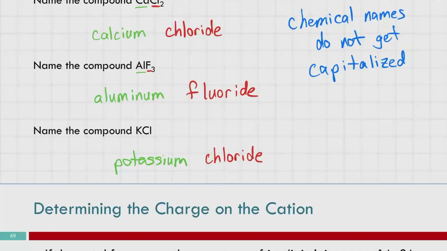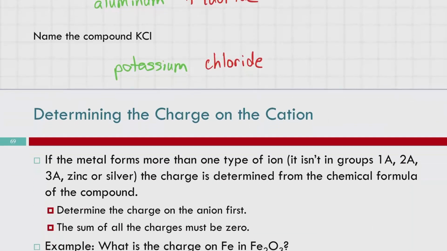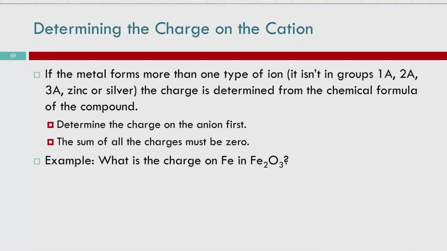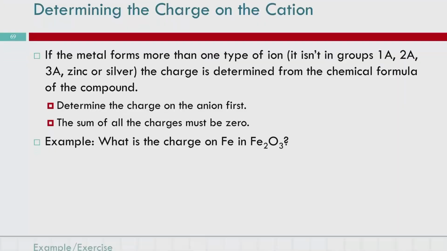So for our group 1, 2, and 13 or 3A metals, that's the case. If we've got multiple charge options, we have to figure out what the charge is so that we can include it in our formula. So all of these transition metal elements other than zinc and silver, and some of the ones that are below, tin, lead, some of those ones can have multiple charge options. So what we need to do is determine the charge on the anion first.